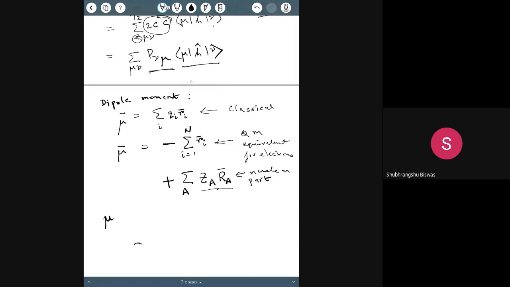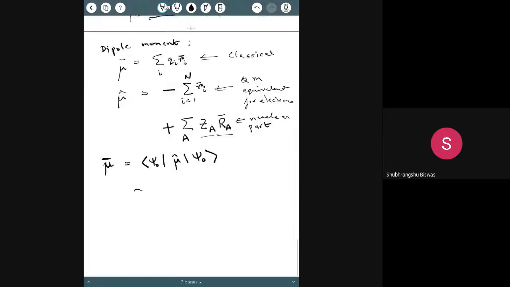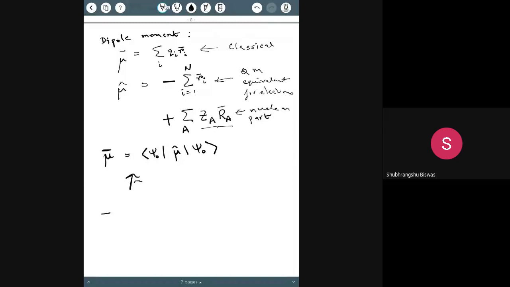So this is the dipole operator, and the dipole moment vector is then an expectation value of the dipole moment operator, and the integral that you need to evaluate is then minus sum over Ri, between psi 0 on both sides. This is what you need to evaluate.